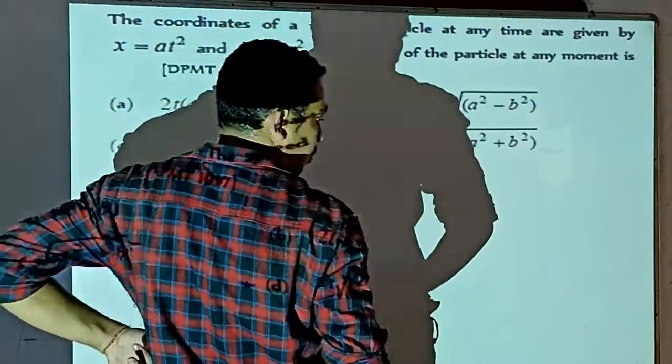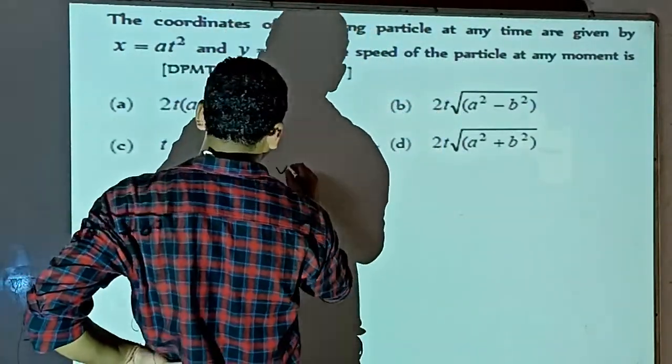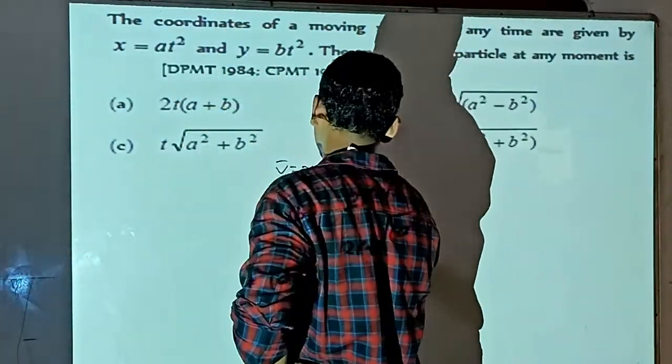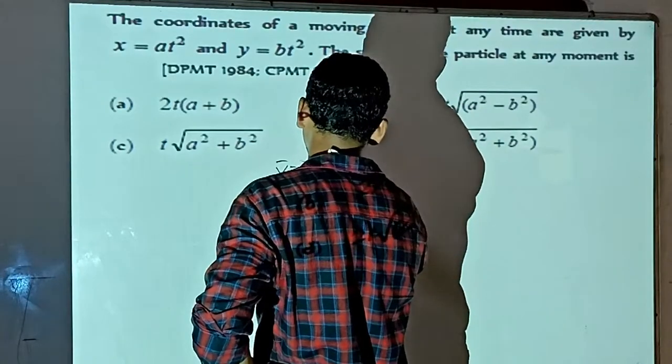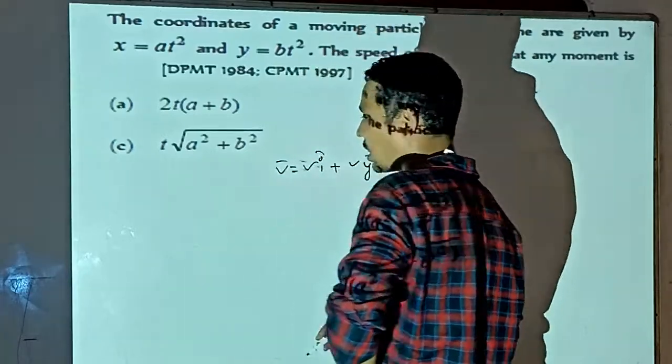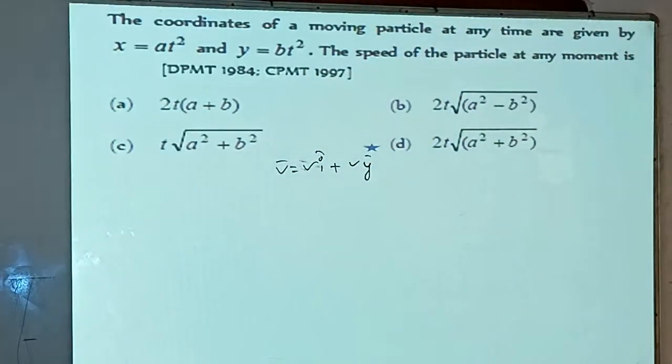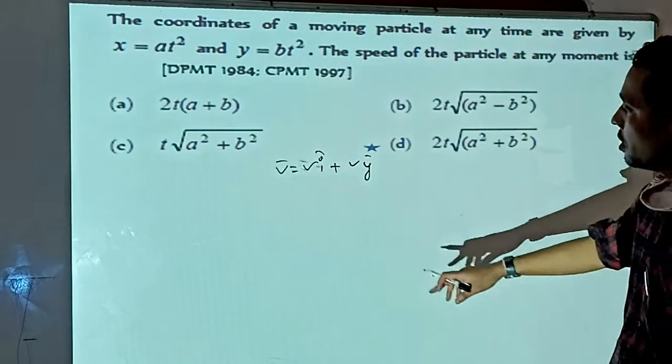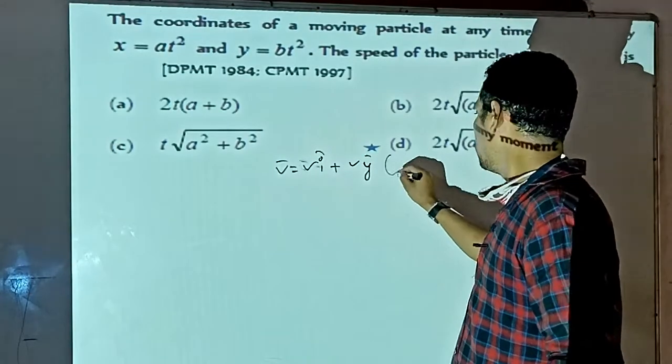When it is given in this form, in component form, you can write velocity v equals vx i cap plus vy j cap. Velocity in vector form in 2 dimensions can be written like this.